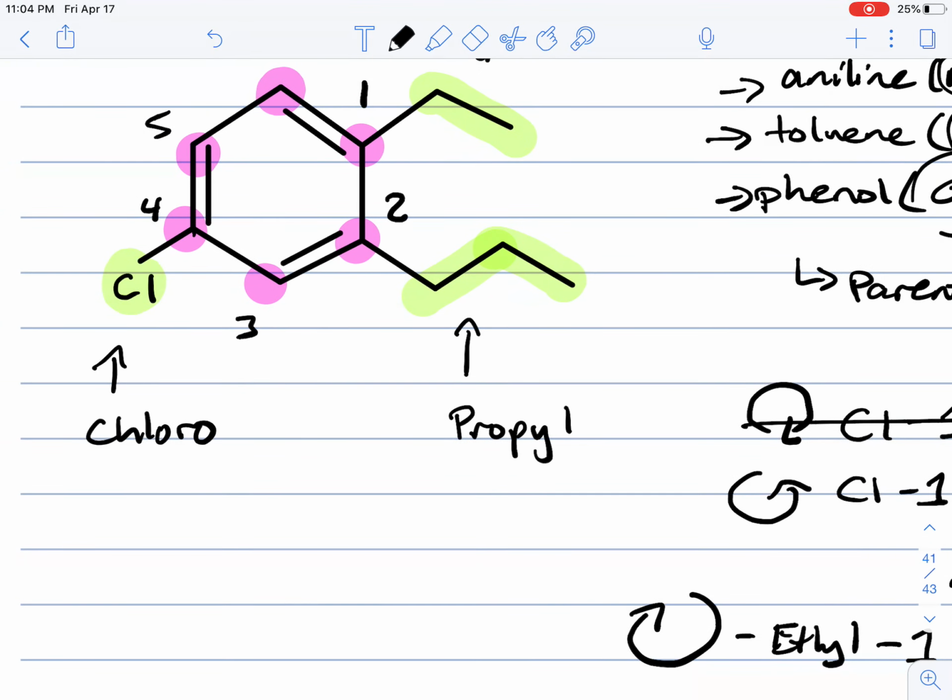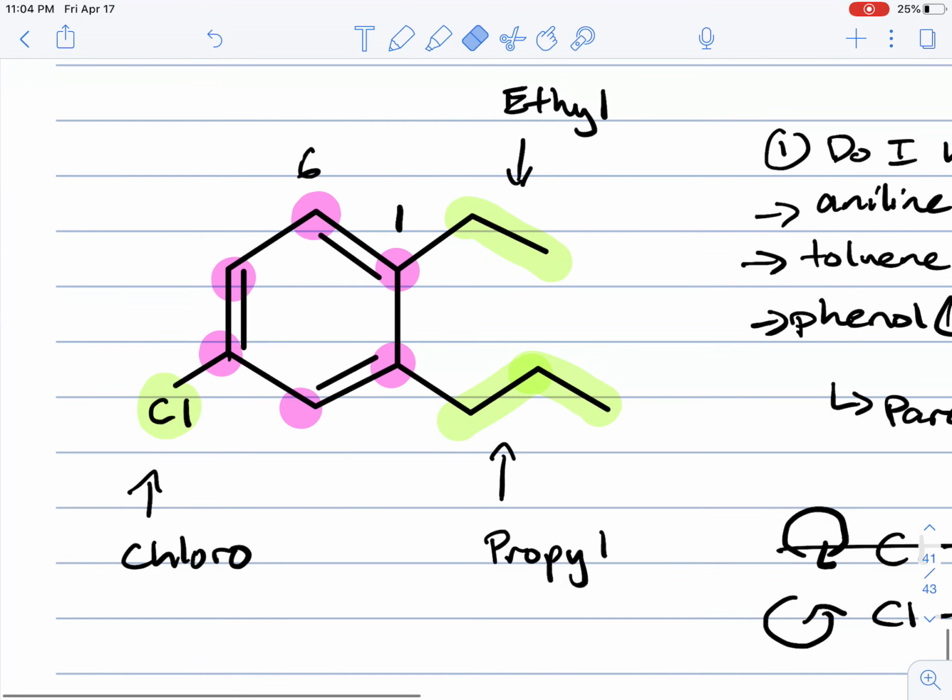And so I'm now going to go counterclockwise and see what numbers I get if I make ethyl carbon number 1. So 1, 2, 3, 4, 5, 6.